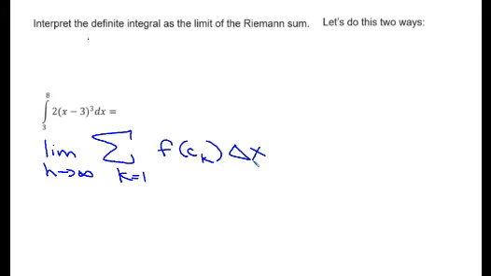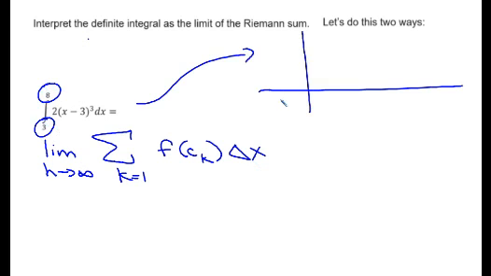Now, what I want you to notice is this is just our rough form here. What we need to do is we need to get our limits of integration. We need to do something with these limits of integration. So what this thing is saying is that we are going to find the area under the curve from 3 to 8. All right? From 3 to 8.